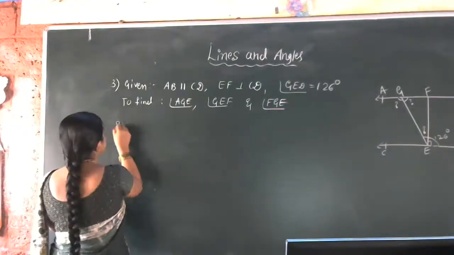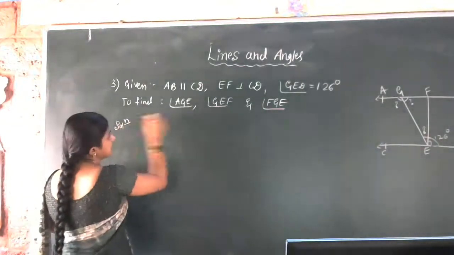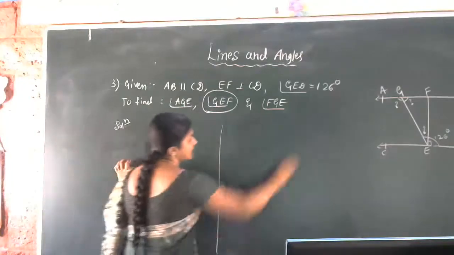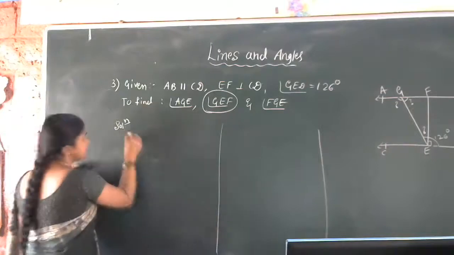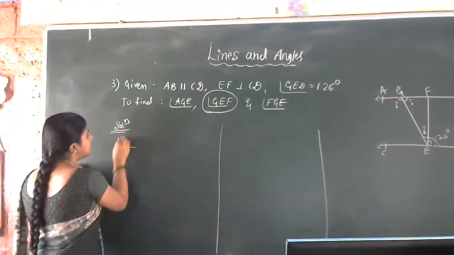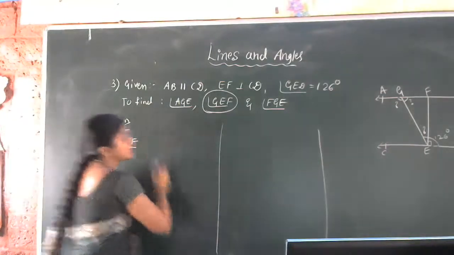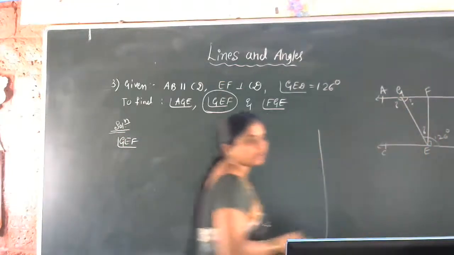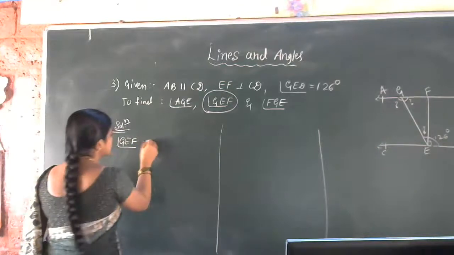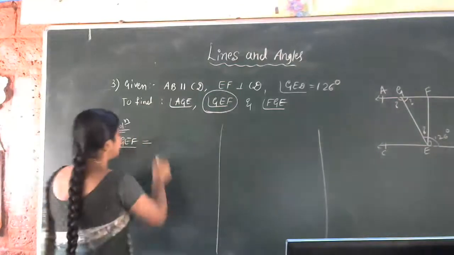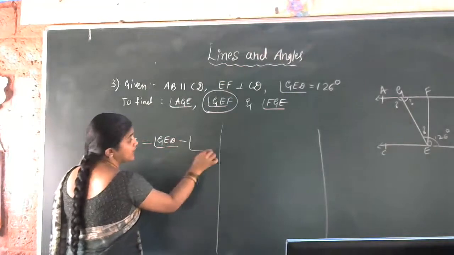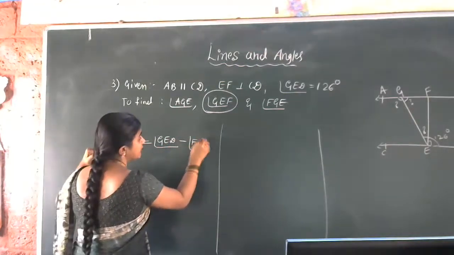So first we'll start with GEF, the first angle we are going to find. Angle GEF is equal to the total angle GED minus angle FED.